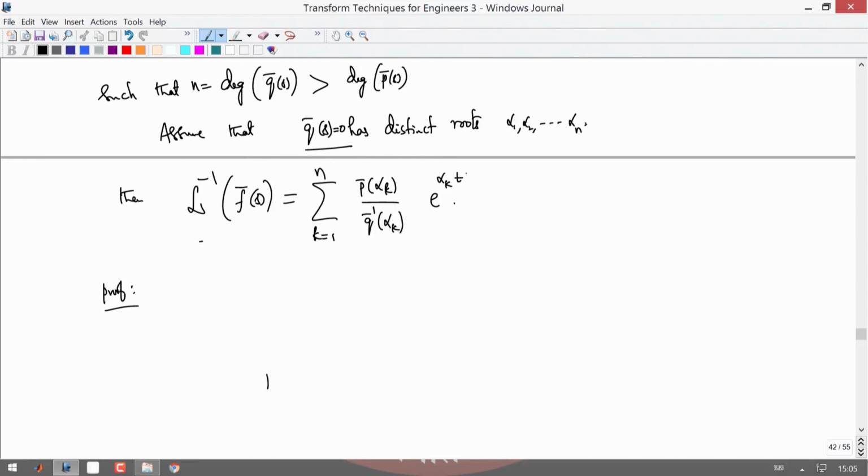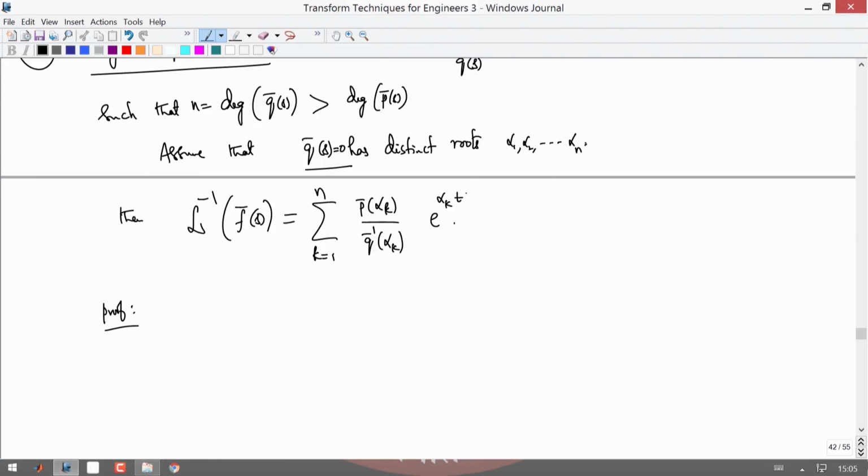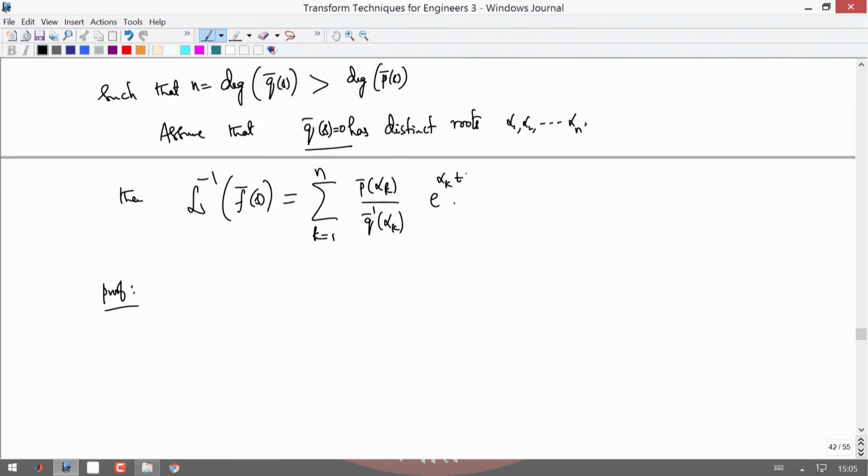So let me prove this before I make some more remarks on this way of finding inversion. You assume that q bar of s has n distinct roots.